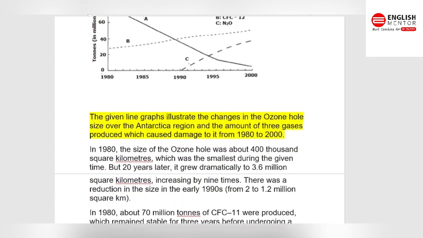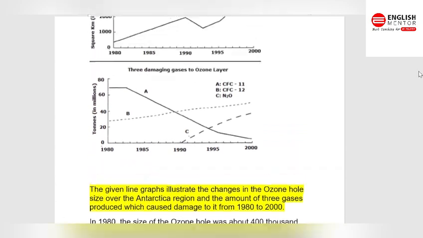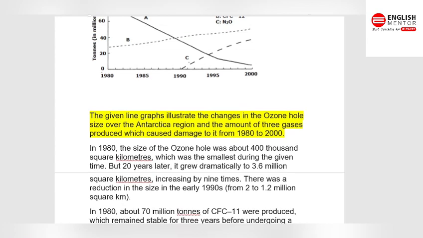Then we will describe it in detail. In 1980, the size of the ozone hole was about 400,000 square kilometers, which was the smallest during the given time. But 20 years later, it grew dramatically to 3.6 million square kilometers, increasing by 9 times.